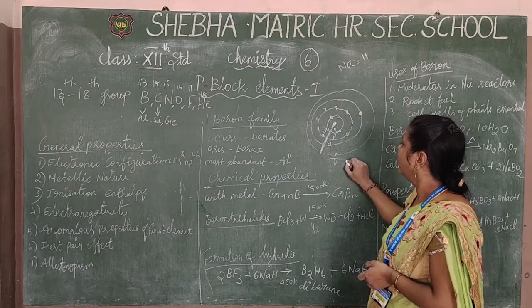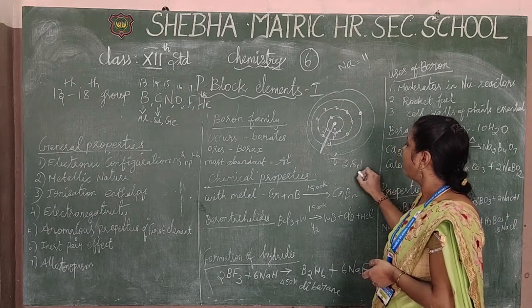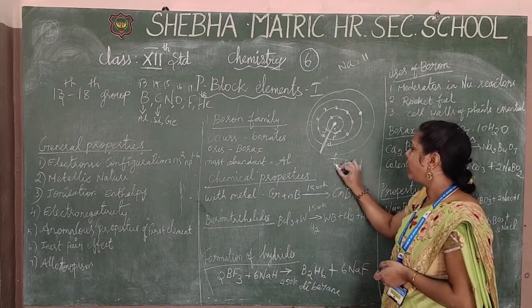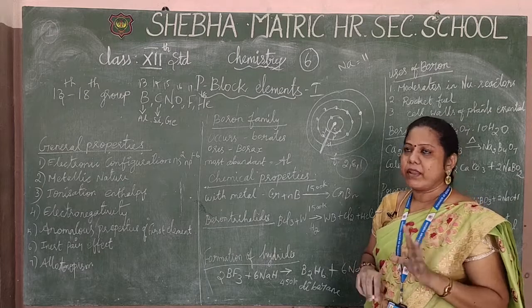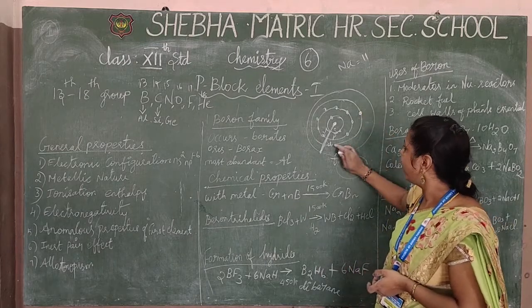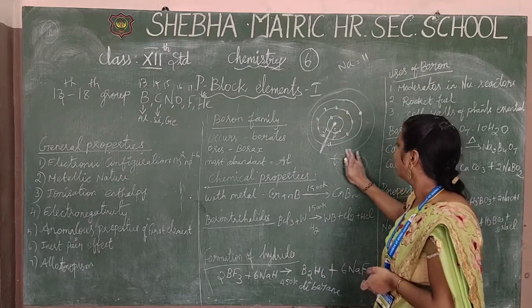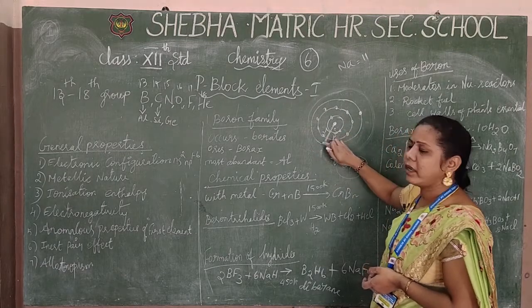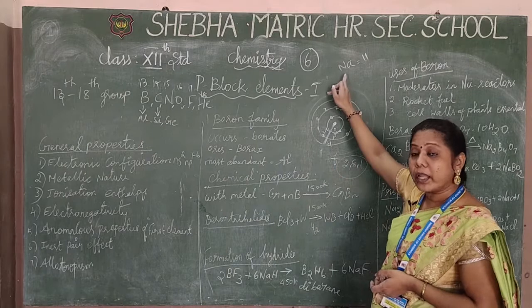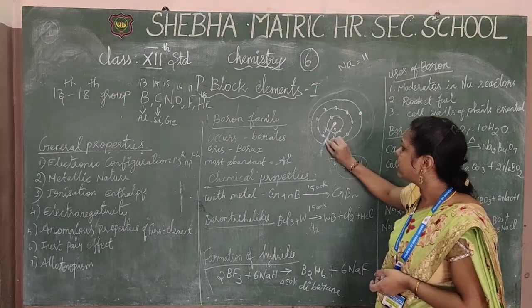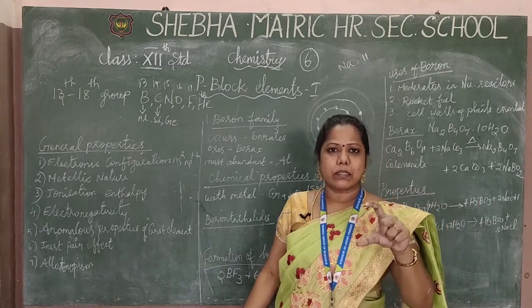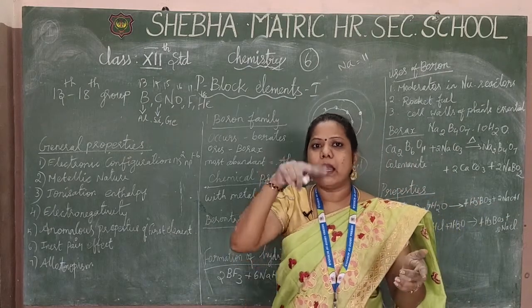So totally 2, 8, 1. So 2 plus 8 is 10, 10 plus 1 is 11. So for sodium, no need to draw the fourth circle. We need to stop at 3 orbits only for sodium. This distance is the radius of the atom. So the distance of the atom depends on how many orbits there are.